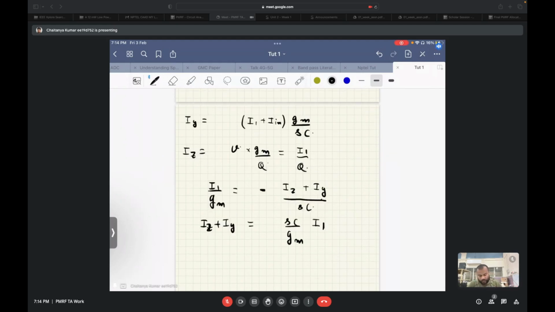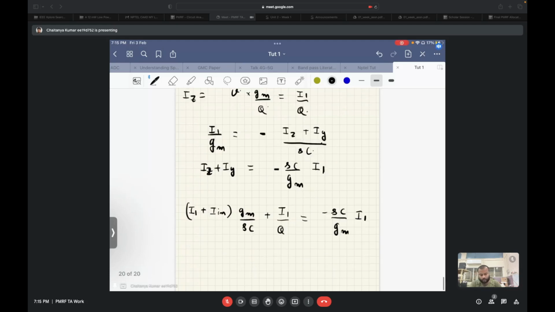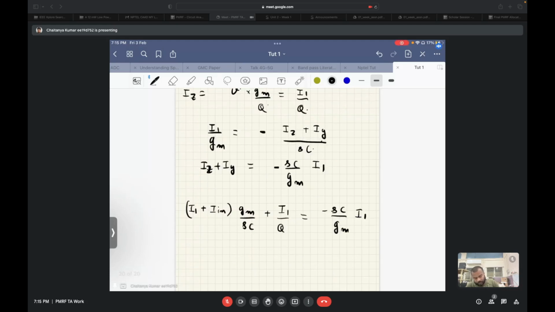And if we put in the values of these currents, we get minus over here I1 plus In times GM by SC is what we have as IY, and IZ is I1 by Q is equal to minus SC by GM times I1.